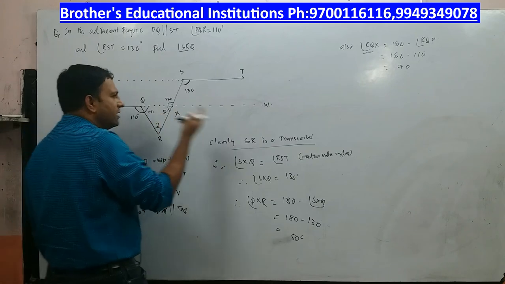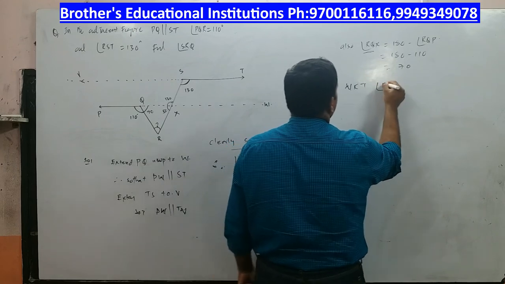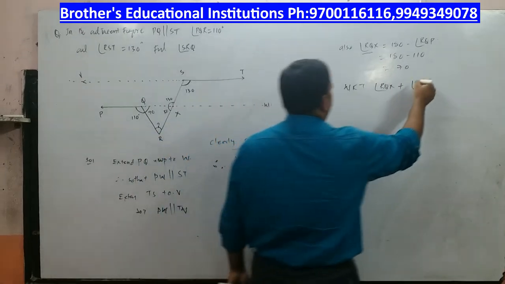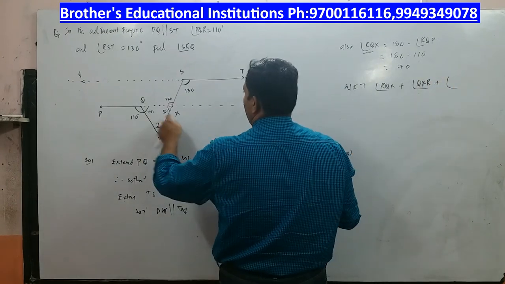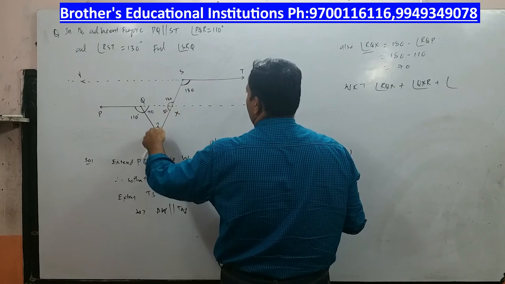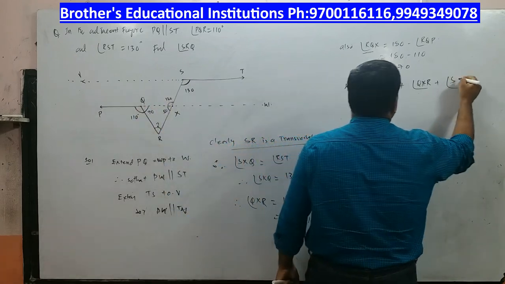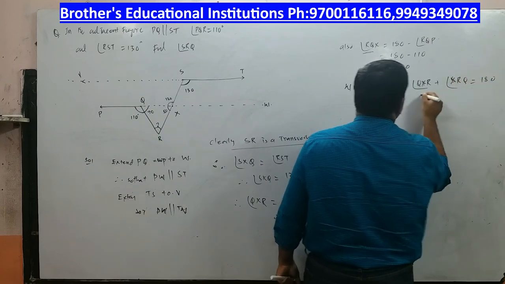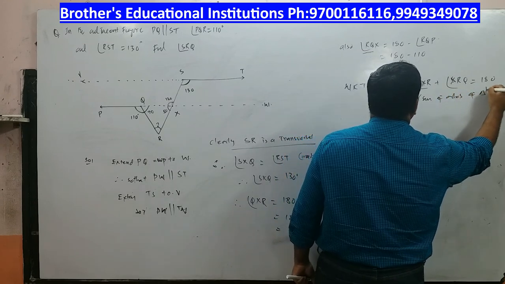Now you have to find this. We know that angle RQX plus angle QXR plus angle XRQ, or I can say SRQ, is equal to 180. Why? Sum of angles of a triangle.